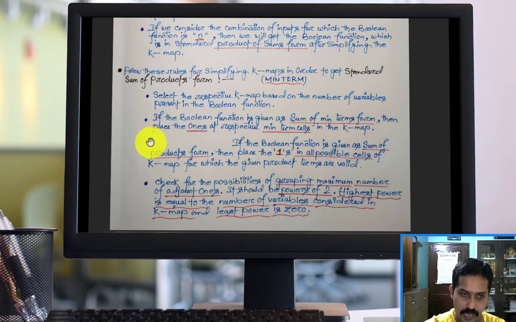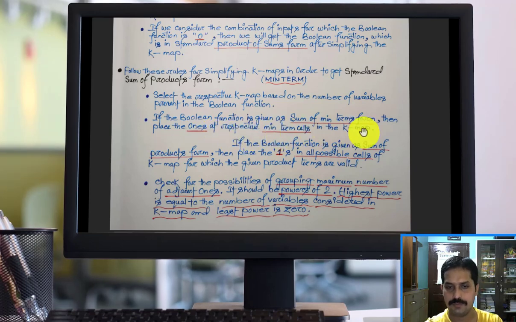Actually, when I discuss an example on this, then you will understand the meaning of these terms. Just remember, if the Boolean function is given as sum of min terms or sum of products form, then place the ones at respective min terms cell in the K-map.